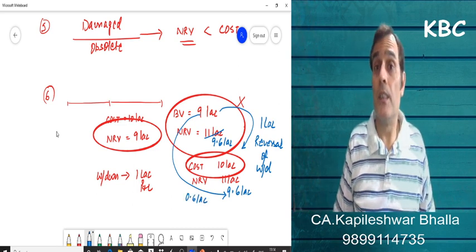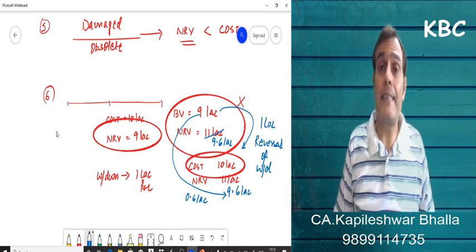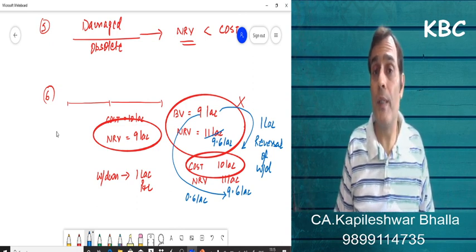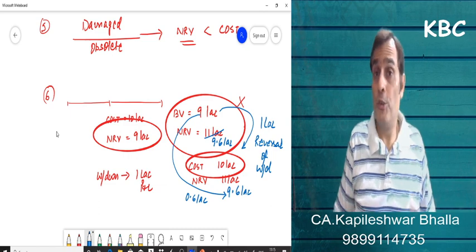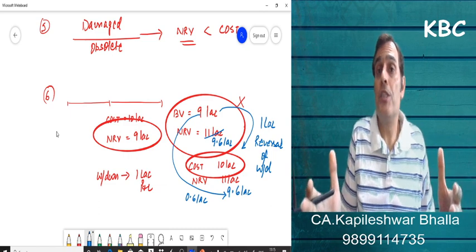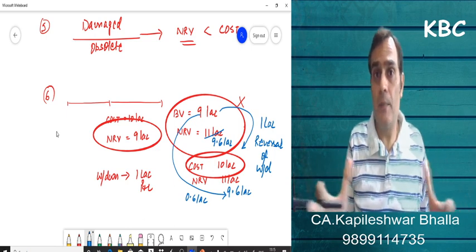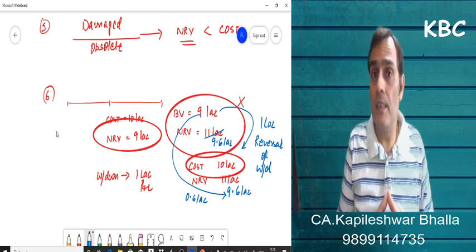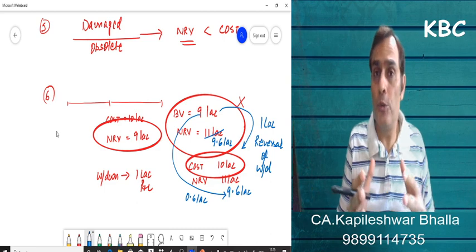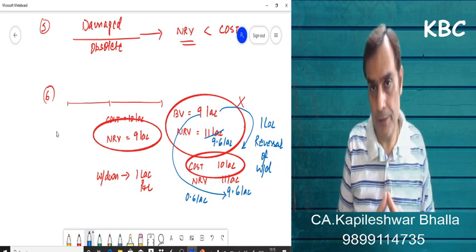And remember, the reversal can never exceed the amount of original write down, because you cannot bring the inventory more than the original cost at any stage. So whatever you reverse at the second balance sheet date can never exceed the amount of write down which you did on the first balance sheet date.